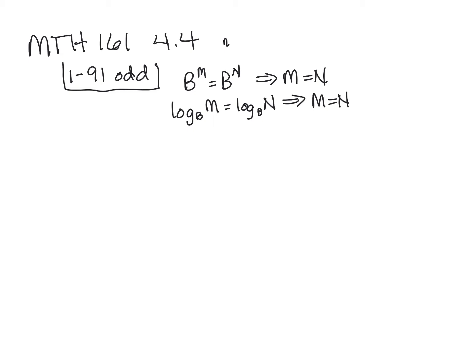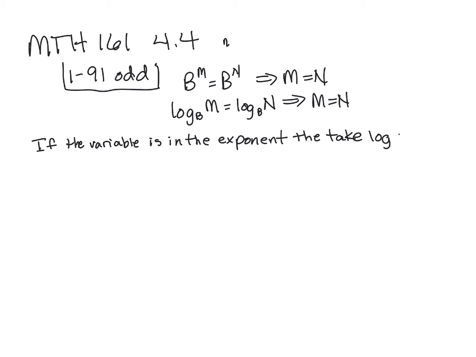Another thing is, remember we're solving for the variable, right? If the variable is in the exponent, then you take the log with the same base of both sides of the equation.